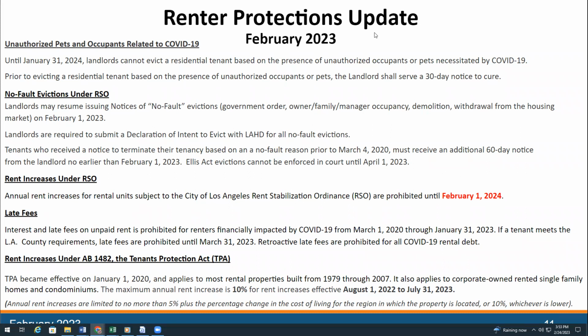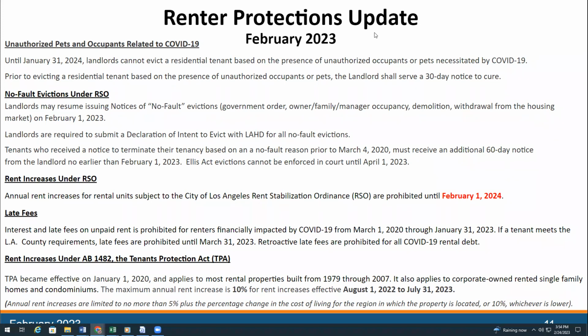The second header, we're going to cover no fault evictions under the RSO. Now, as of February 1st, 2023, landlords can resume issuing these notices, and no fault evictions cover evictions that are a result through no fault of the tenant, which are typically landlord needs to comply with a governmental order, or the landlord is moving to evict the tenant because the owner wants to move in, or a family member or resident manager.